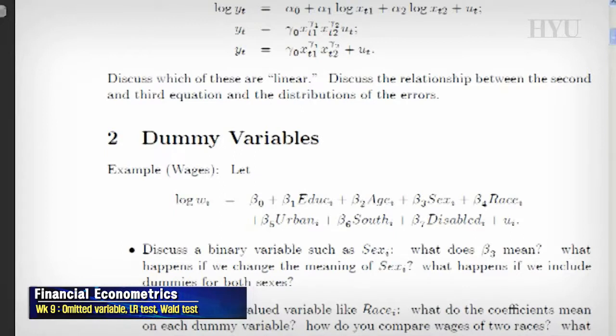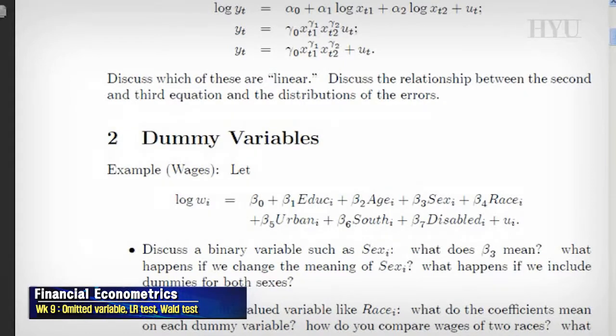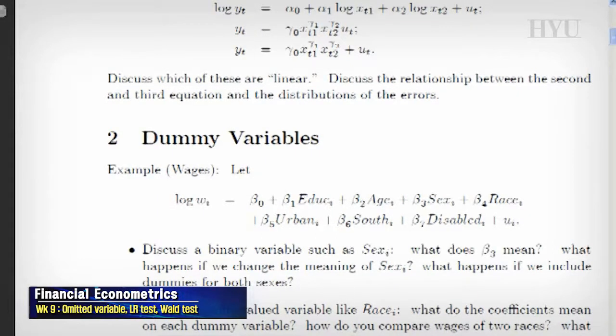But intuitively speaking, wage should be an increasing function of ability, right? People with higher ability should receive higher salary. So we know ability will affect wage, and clearly in this relation we don't have ability, right?